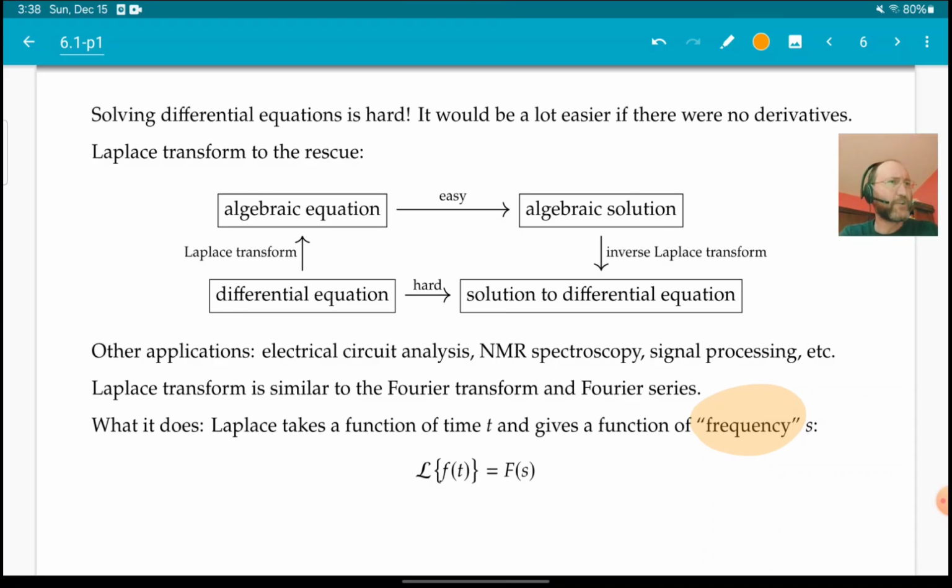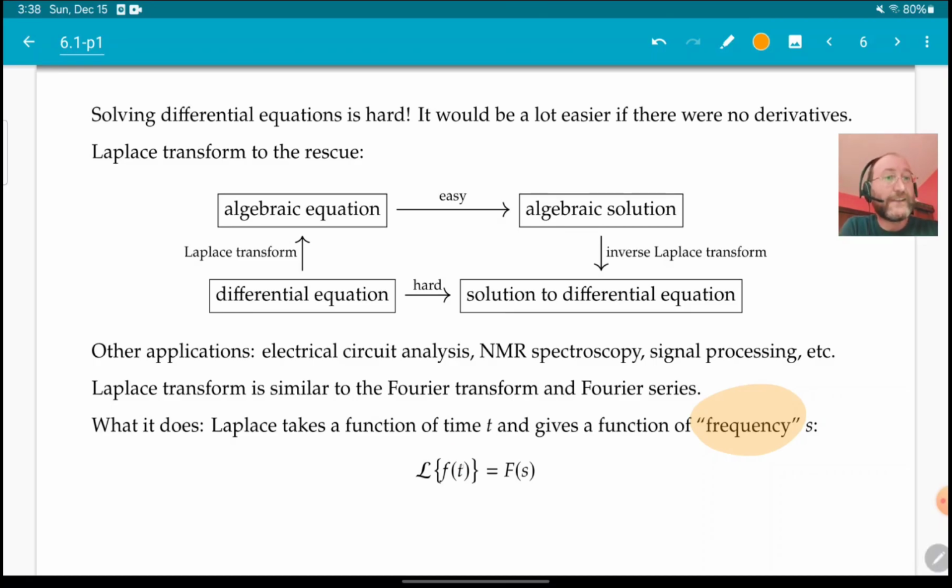It's kind of the complex version in here. It's really going to be the imaginary part of the frequency, or the decay part of the frequency. Let's not worry too much about that. We're still going to call it frequency, even though it's not really going to look like frequency in terms of cycles per second kind of thing, right?